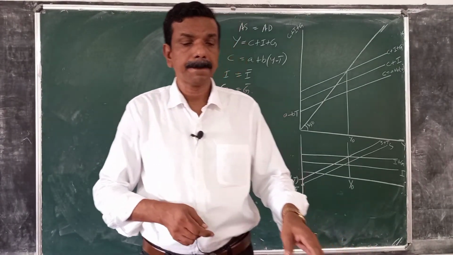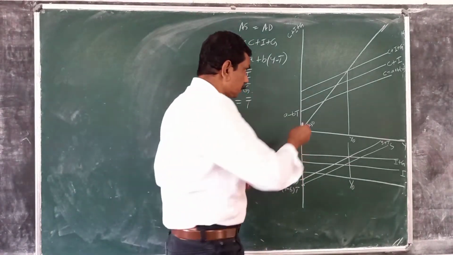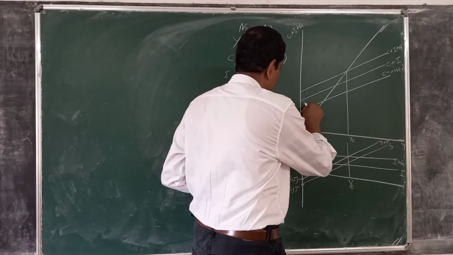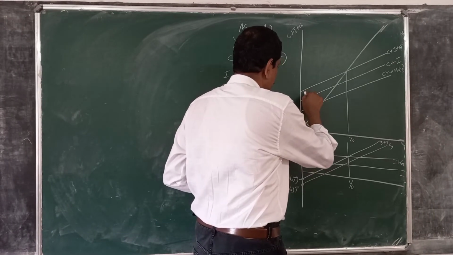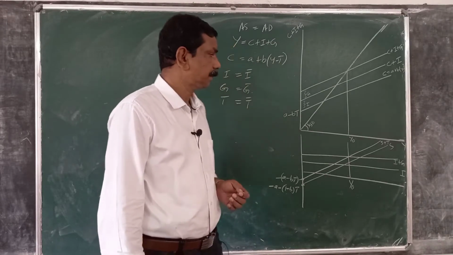Now, suppose that, so this is I, this is G, the initial level of government expenditure.